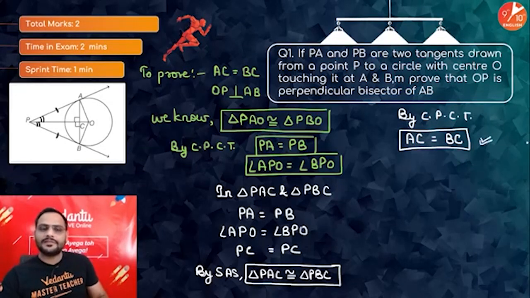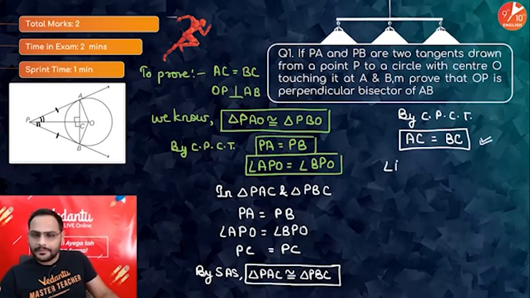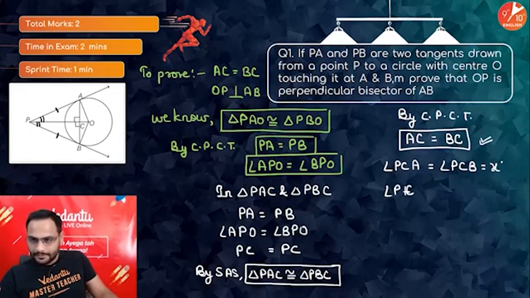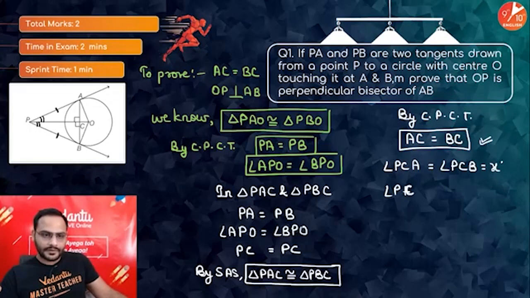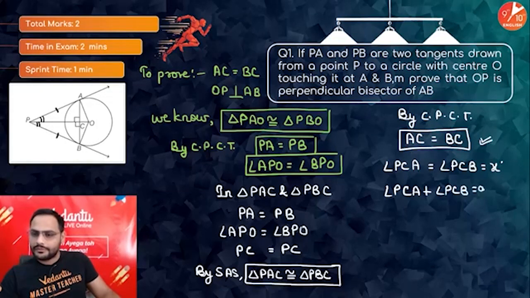AC and BC will be equal. Also angle PCA will be equal to angle PCB. Let's say both will be x degrees. Also I can say angle PCA plus angle PCB will be 180 degrees because they are a linear pair.